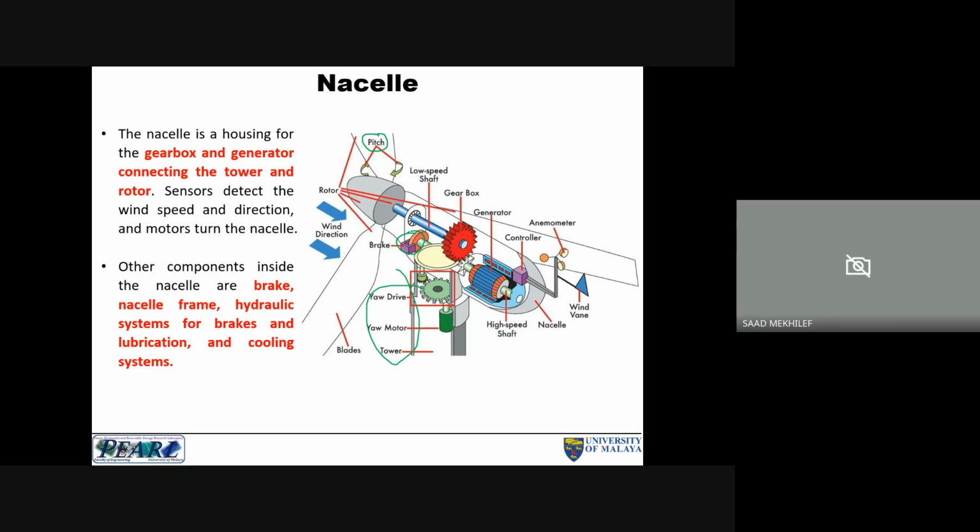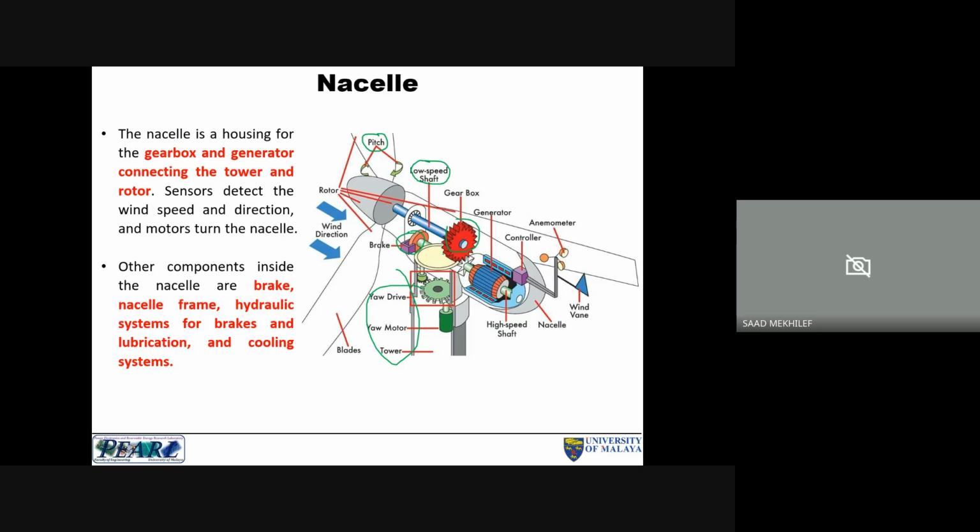And then after that, we have the low speed shaft. I think that's very small, and we call it low speed shaft because this is rotating at a very low speed. In most of the systems we have what we call a gearbox, and this gearbox is to increase the speed, because if the low speed shaft is connected directly to the generator, it will not generate the voltage and frequency that we need.